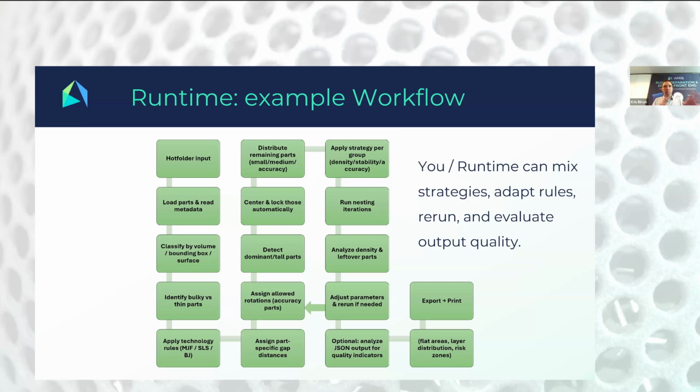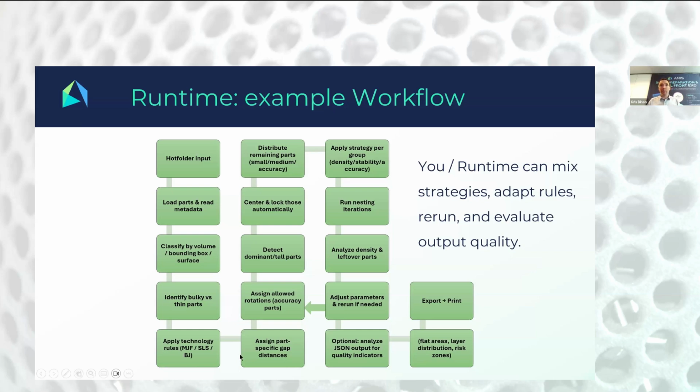You know what parts you have. You can then start seeing, okay, this one was meant for MJF, this one was meant for SLS or material or binder jetting. And of course, there will be different rules. There will be different, well, not entire scripts maybe, but a different approach to how to nest that. So that will already give you many options.